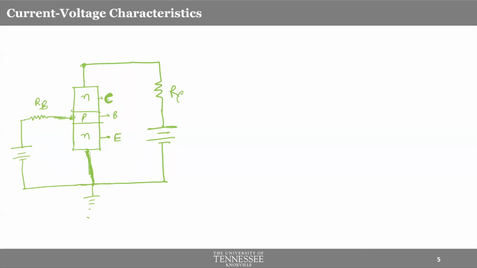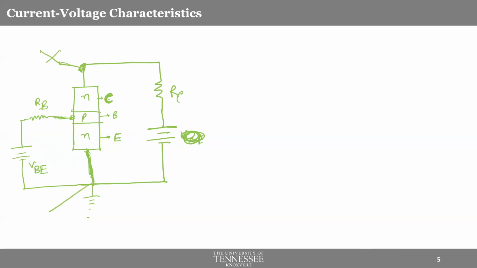So this is a voltage source which will be dictating VBE, base emitter voltage source, and this will be VCE. I shouldn't be calling it complete VCE, because VCE will be the voltage between collector and emitter.